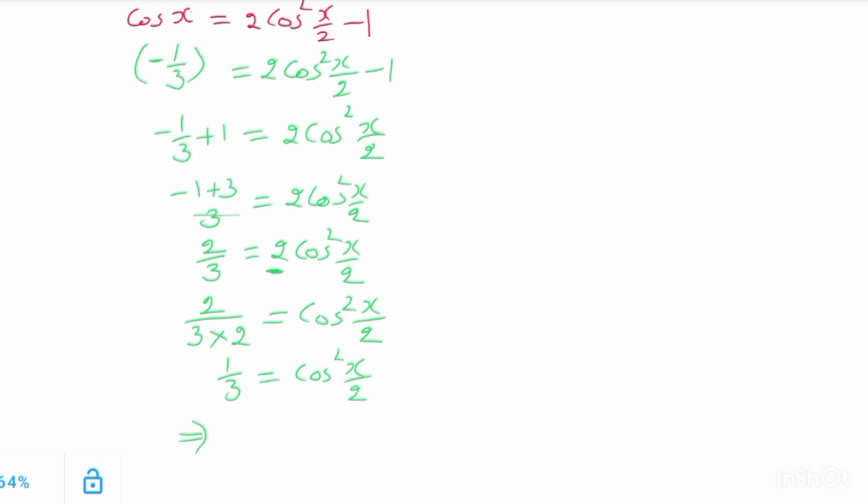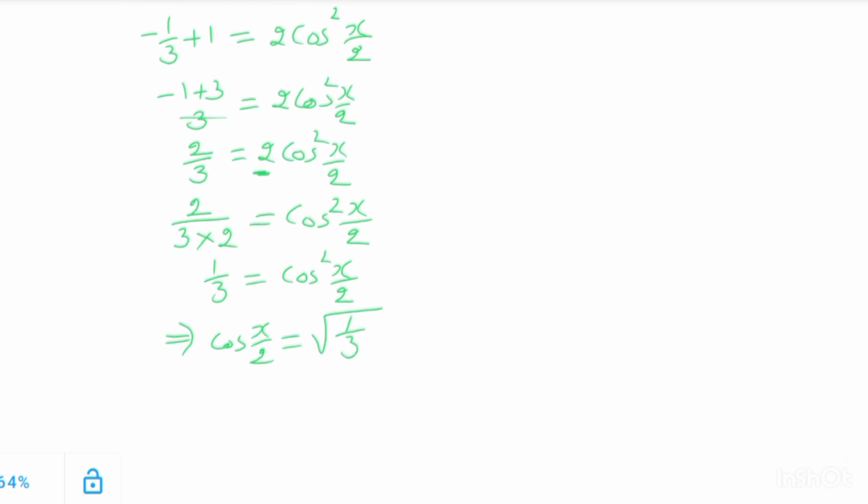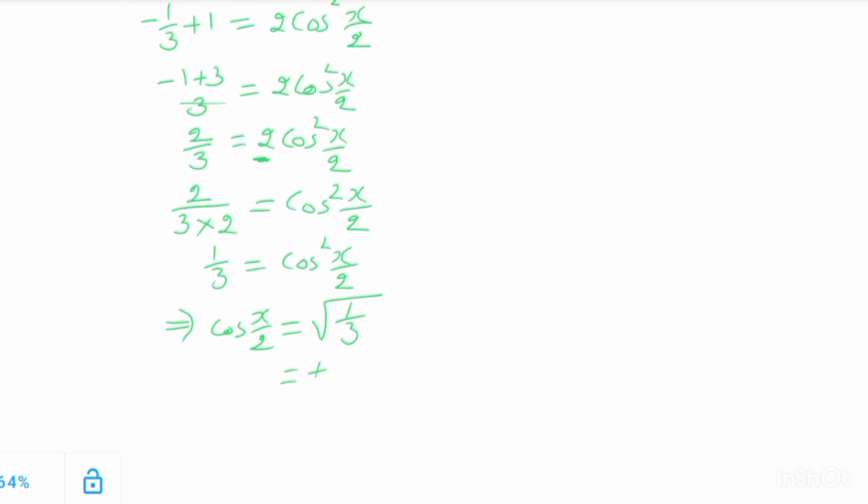This implies cos x by 2 is equal to square root of 1 by 3, and this will give plus minus 1 upon root 3.